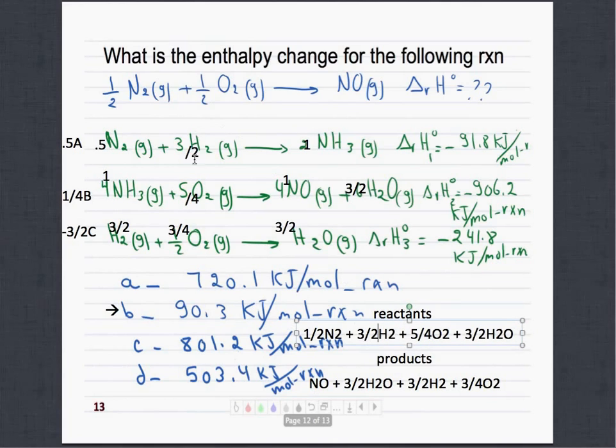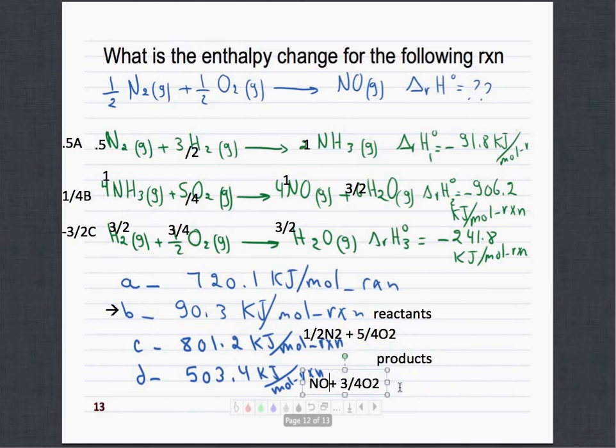Okay, now you think, okay, let's add those 2 reactions. And if you add those 2 reactions together, you're going to cancel the ammonia, yet you have 3 over 2 water, or 6 over 4 water there, which is going to cancel to 3 over 2.